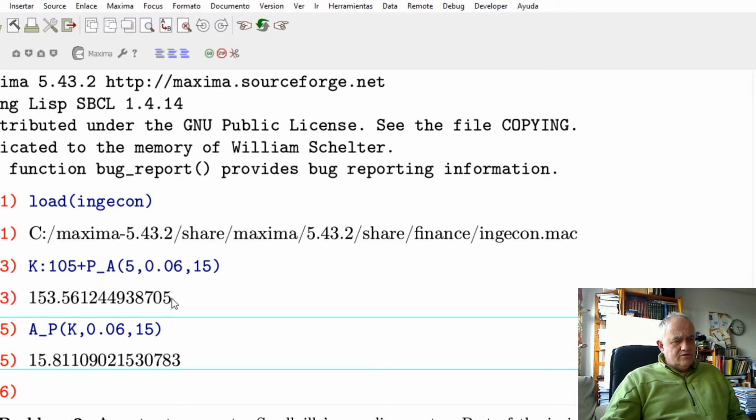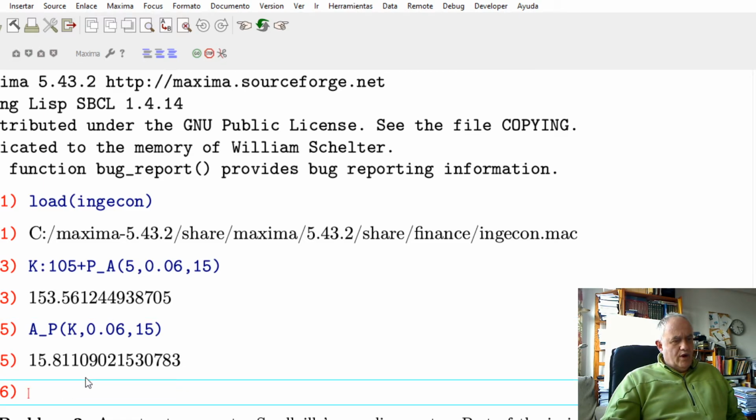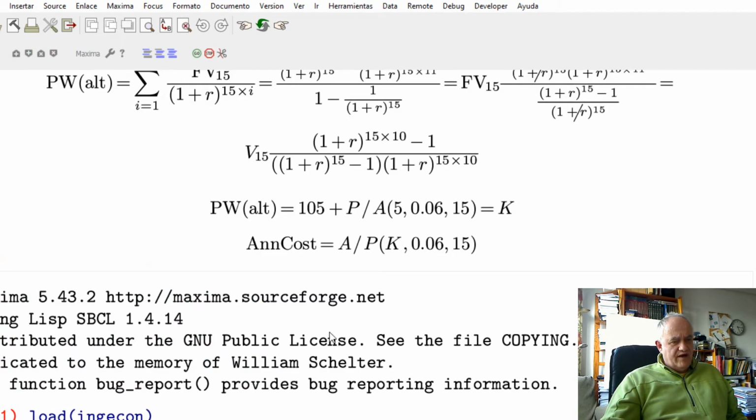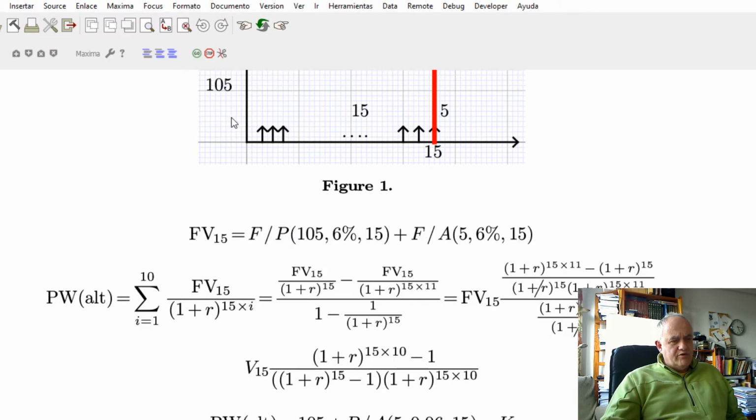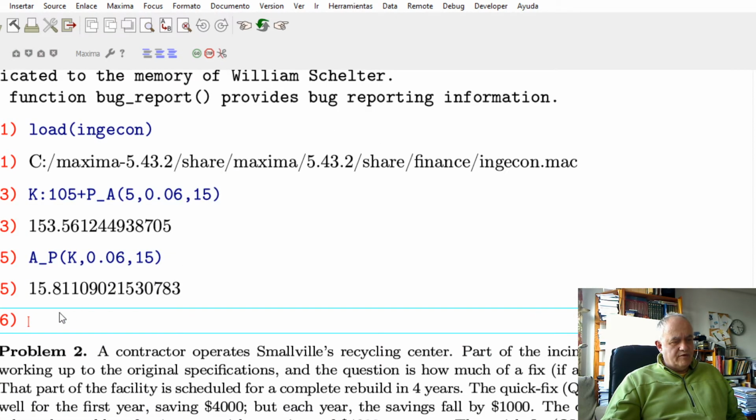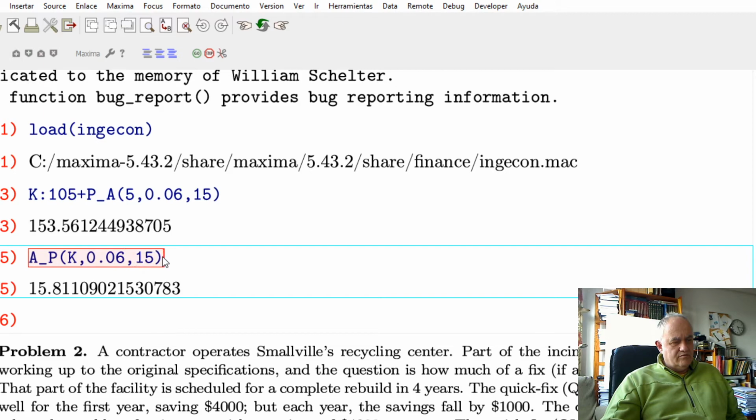Look, I will switch to a different approach now. Easier to be analyzed. We have an annuity of 5, okay? Oh, sorry, of 15. Let's compute what is the annuity corresponding to this initial payment of 100.